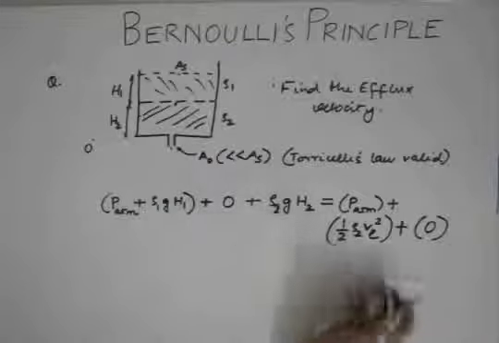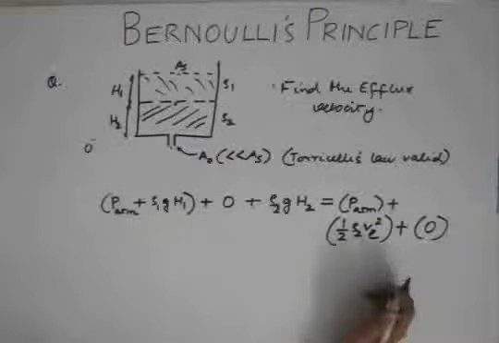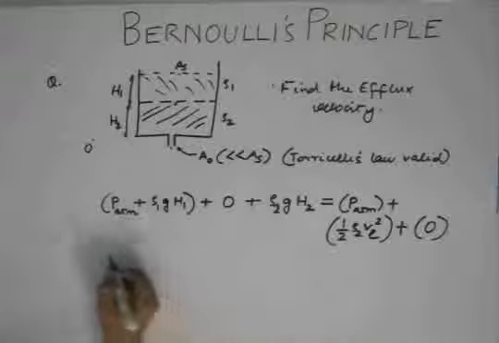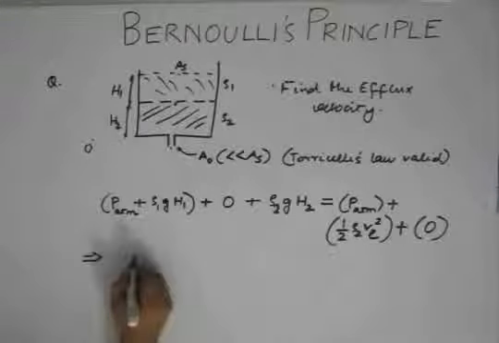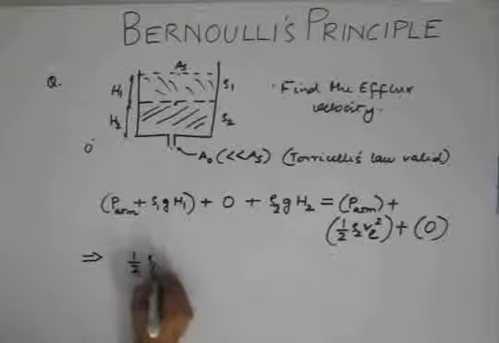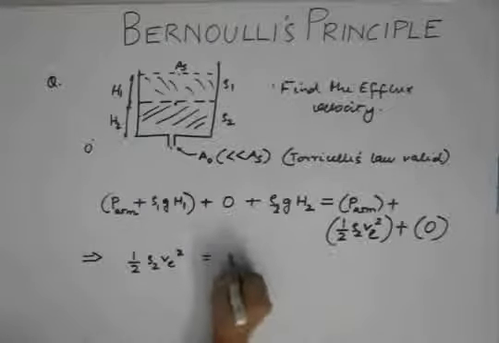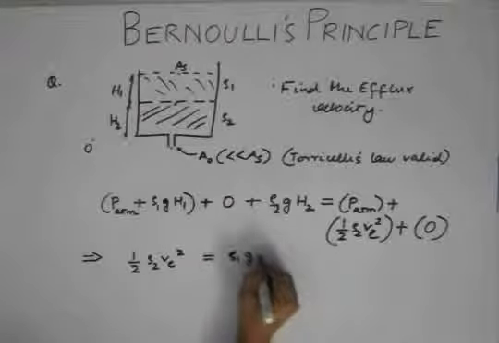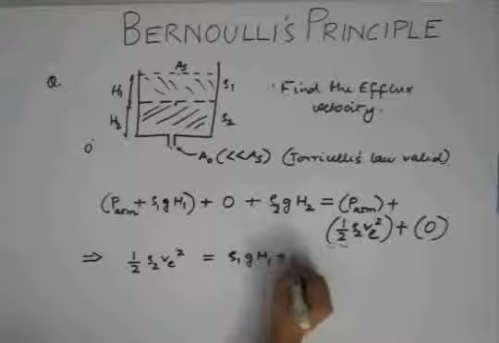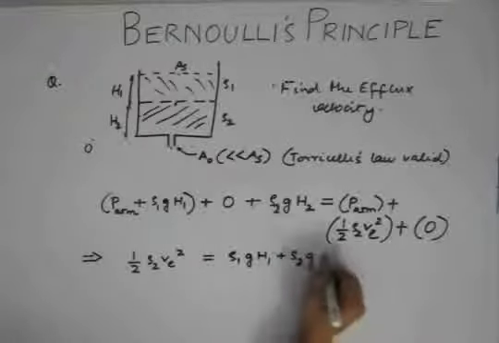If we now simplify this equation, what we will get is half rho 2 VE square being equal to rho 1 g H1 plus rho 2 g H2.